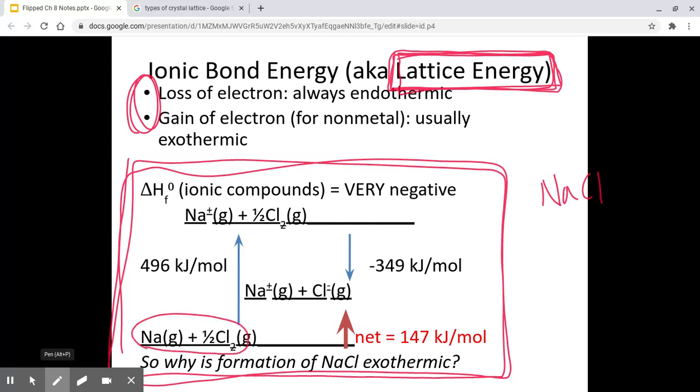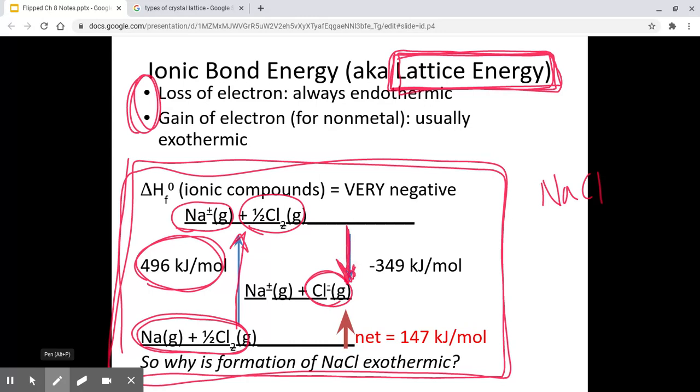Here we have sodium and chloride, and then the sodium has been ionized here. Nothing has happened to the chlorine. And that has required an input of energy, quite a bit of energy, right? And then the chlorine being split and ionized has actually released energy because the chlorine has gained an electron.